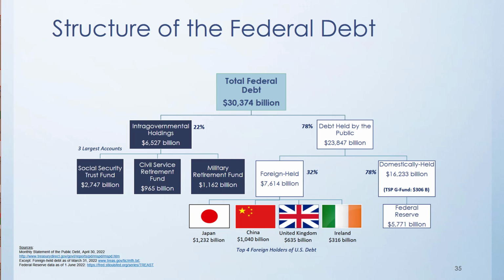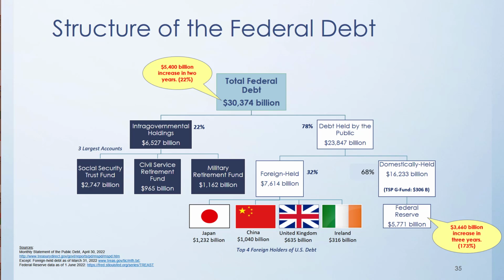It's held by insurance companies, banks, pension funds, organizations like that. Domestically held is 68%, not 78%. I should fix this chart. And of that, a good chunk of it is held by the Federal Reserve. And in fact, the Federal Reserve's piece has grown significantly in the last couple of years.